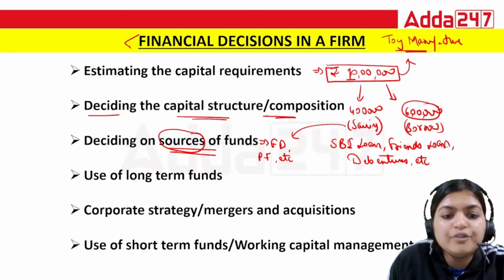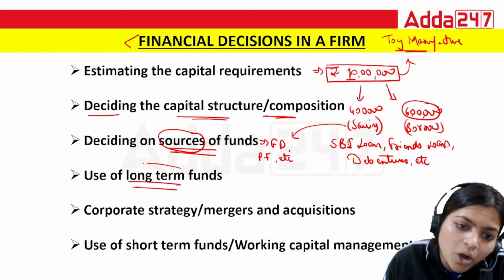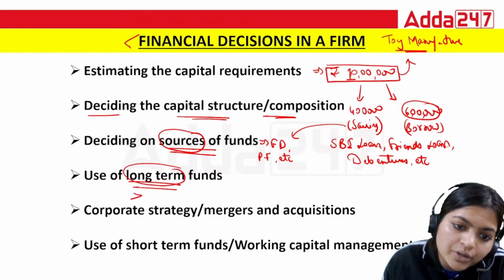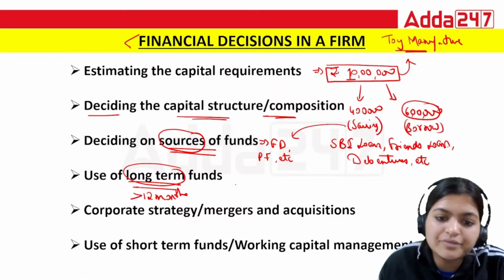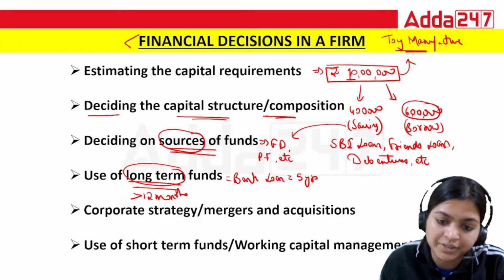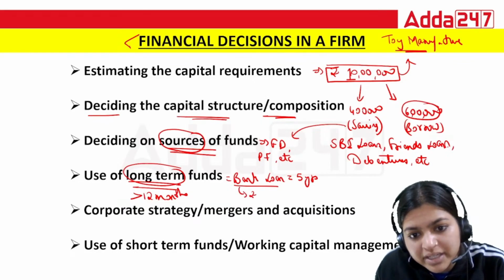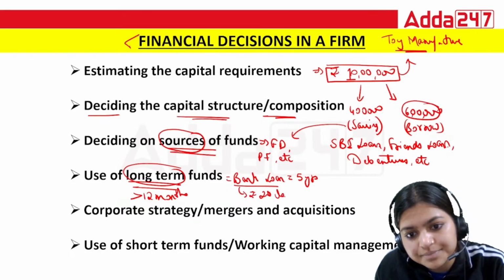Next, use of long term funds. Long term means funds which you are going to use for more than 12 months. Suppose you have taken a bank loan for 5 years, say rupees 20 lakhs.